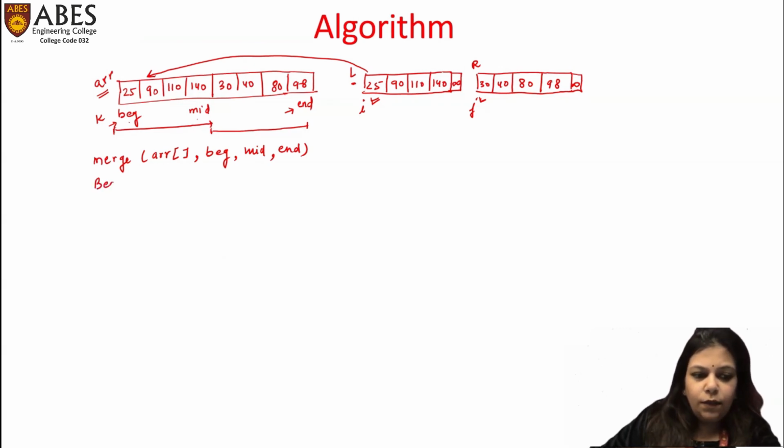Inside this algorithm, we will first find out the size of the left and right arrays. For this, suppose N1 is going to be the size of L. This will be denoted by mid minus beginning plus 1. And similarly, N2 will be calculated as N minus mid.